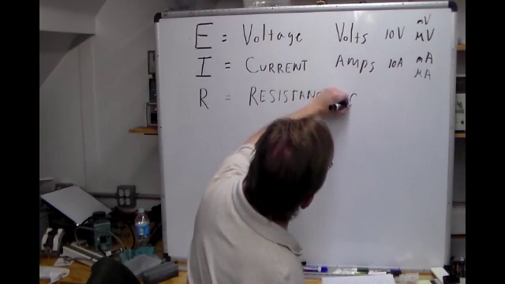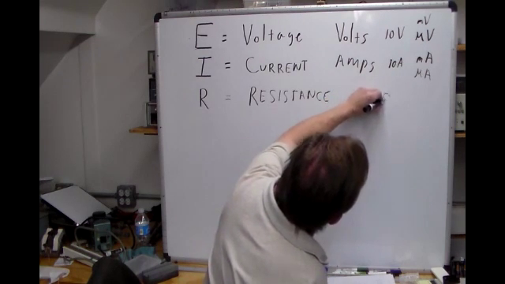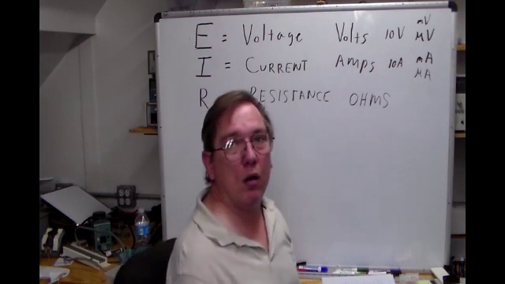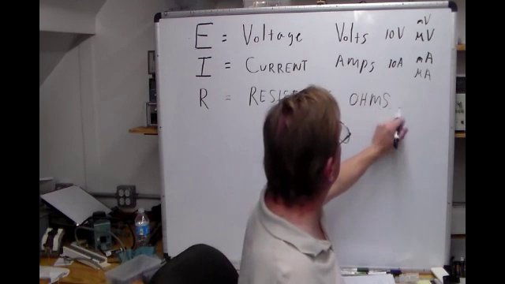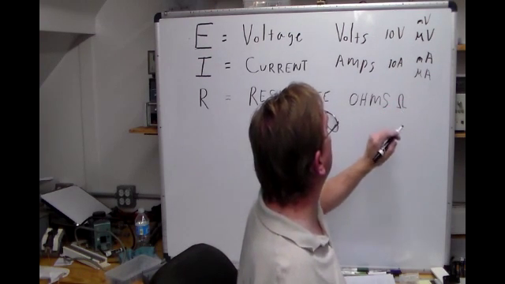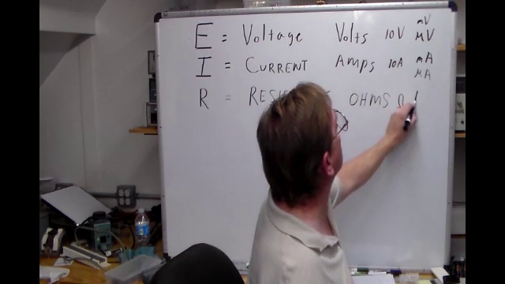And that's going to be in ohms. And most of what you'll be working with are multiples of ohms. So you're going to see it in ohms. Well, okay, let's say omega is a symbol you can use. But you're going to work in ohms and you're working in kilo ohms.